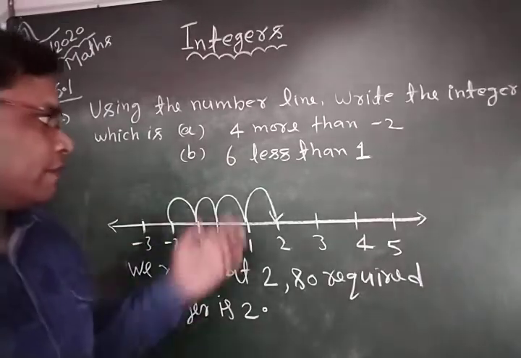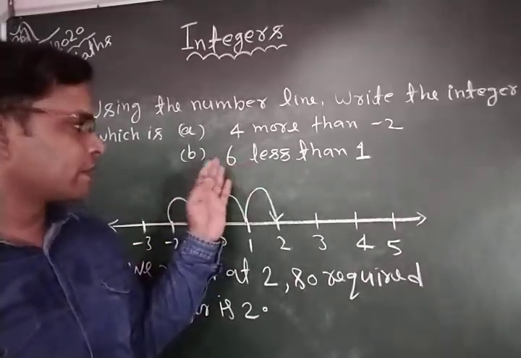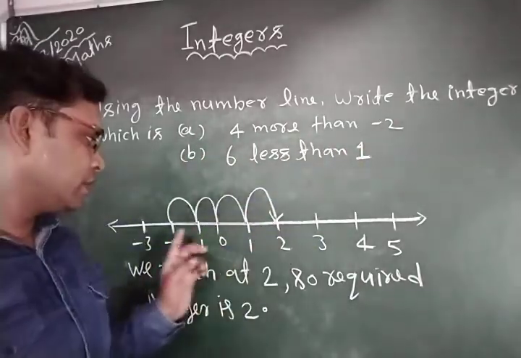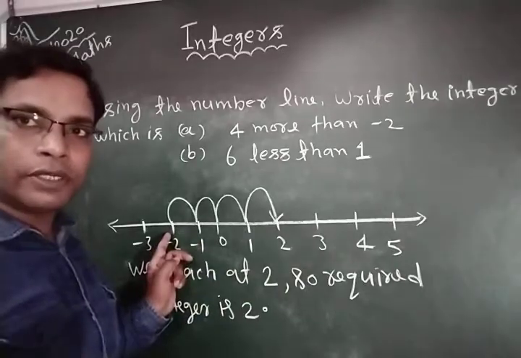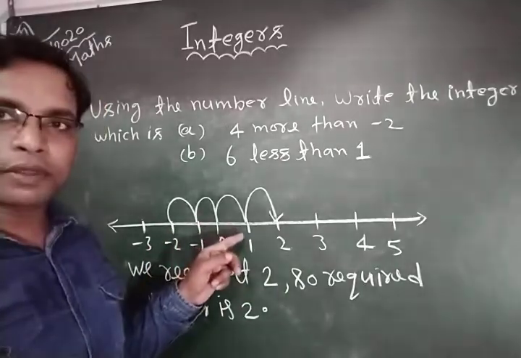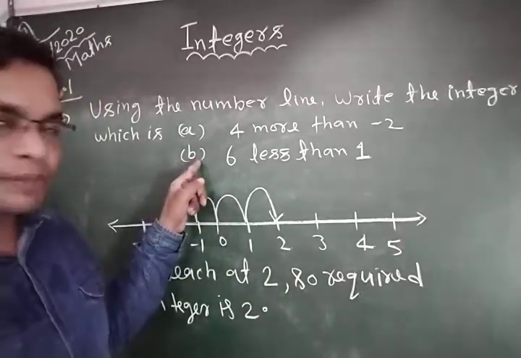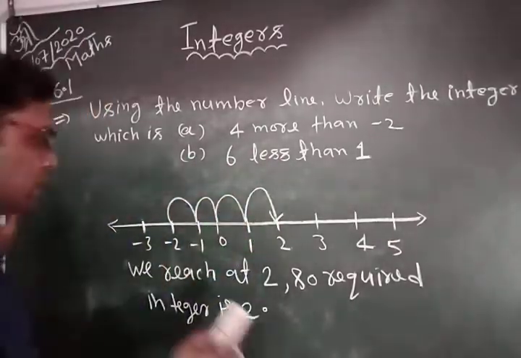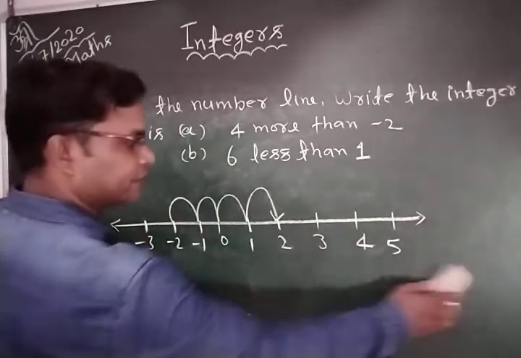This is clear. This is part A, 4 more than -2, so you move 4 units right from -2. The next part is B, 6 less than 1. For this we also draw a number line like this.